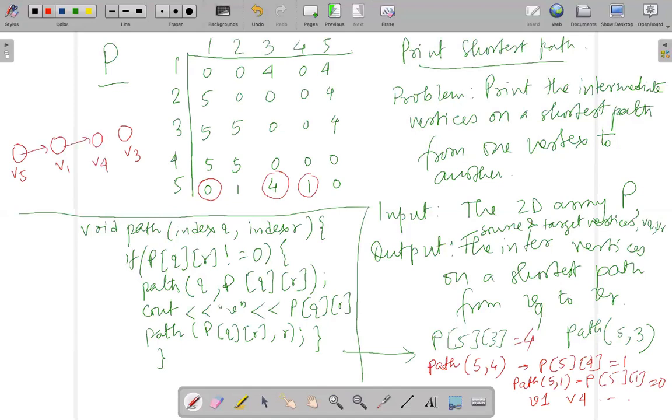This is the shortest path from V5 to V3. And from the distance matrix D, you already know the cost or length of this path. So in this way, you accomplish the task of finding not only the length of the shortest path, but also the exact path.